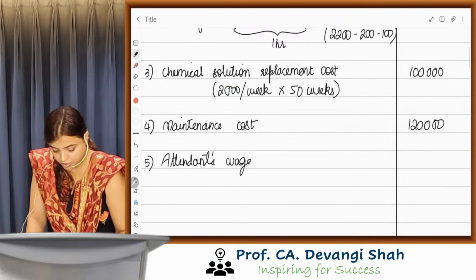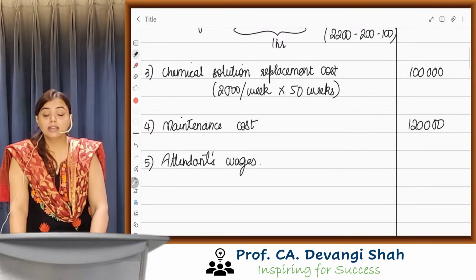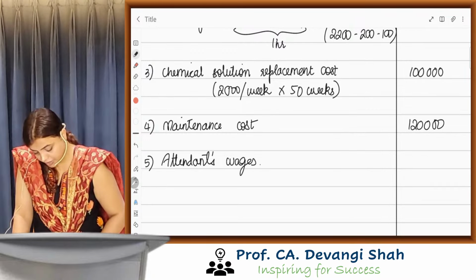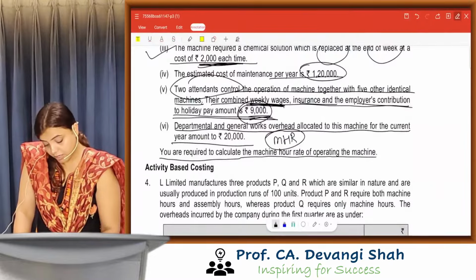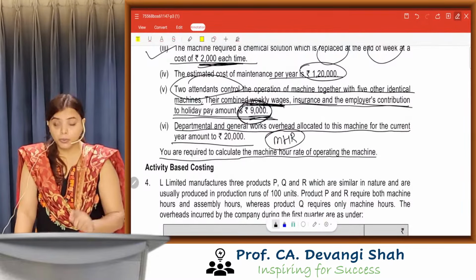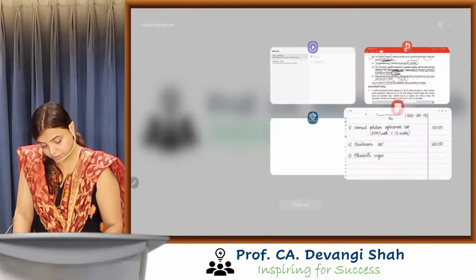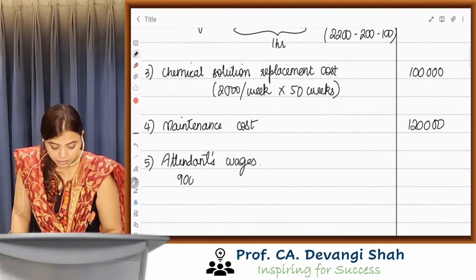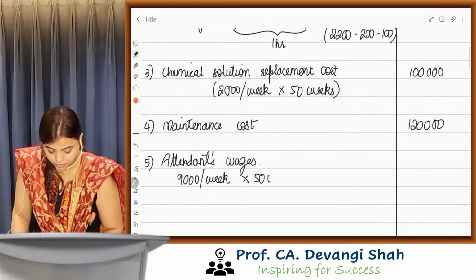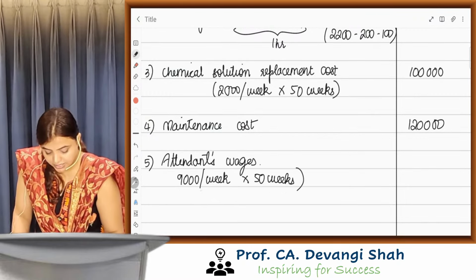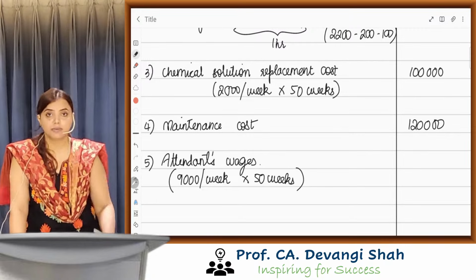So what are we giving in total? We are giving 9,000 for every week. Correct? 9,000 per week, and there are 50 such weeks. So in totality for a year we are paying this much.